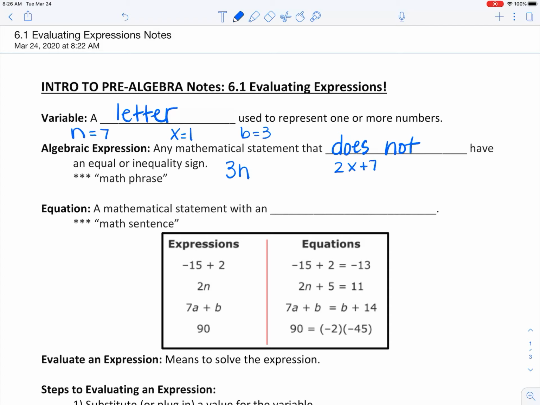Now where we get into more of a math sentence, that's what we call an equation. And an equation is a mathematical statement with an equal sign in it. So for example, if I said 2x equals 7, this equal sign makes it an equation.